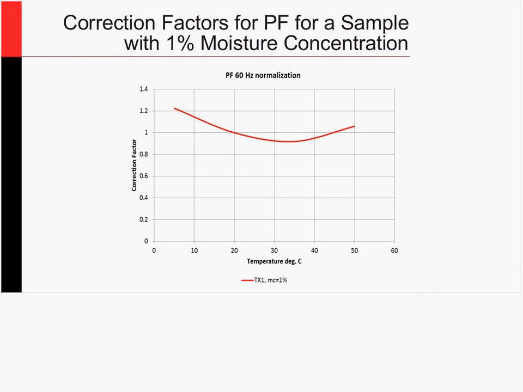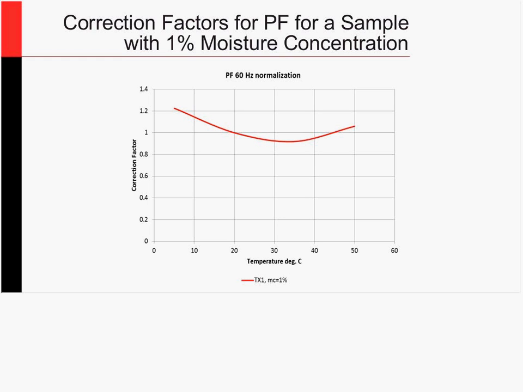But I'll just end on temperature correction with two quick slides to give you an example. So here is a correction factor for a sample that has 1% moisture concentration. I borrowed these out of Dr. Robolino's article. It's showing you the temperature on the horizontal axis in degrees C, and then the correction factor. So, of course, at 20 degrees C, which we're expecting to correct back to, the correction factor isn't needed.